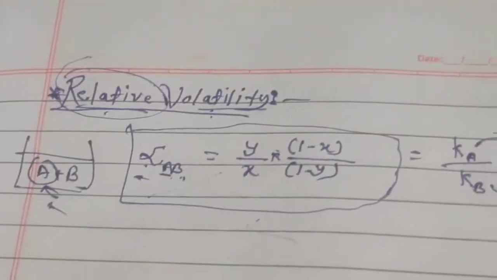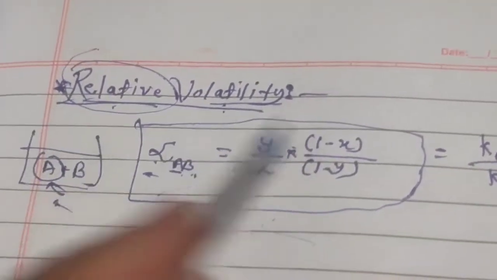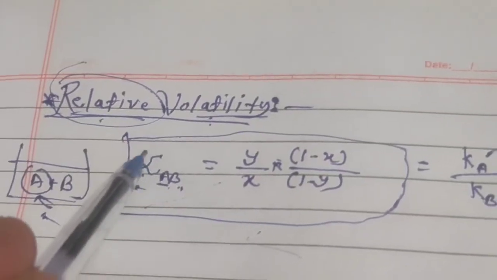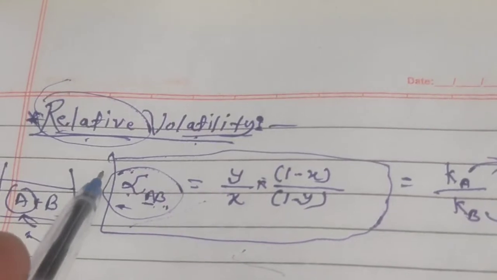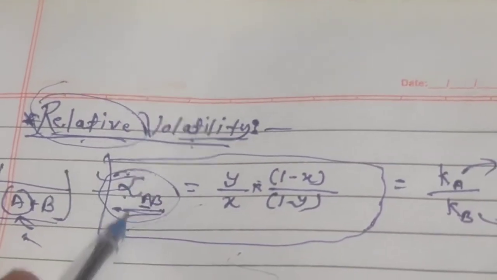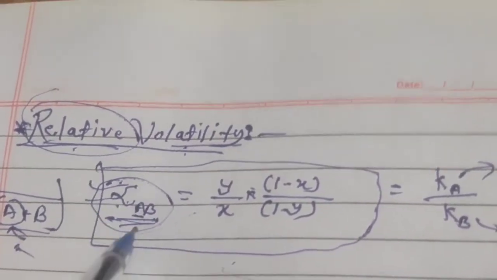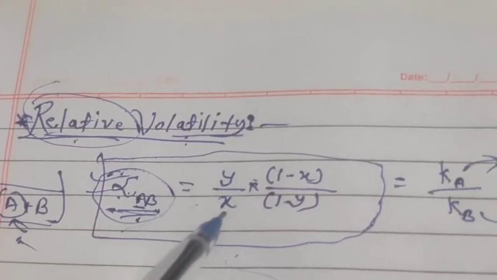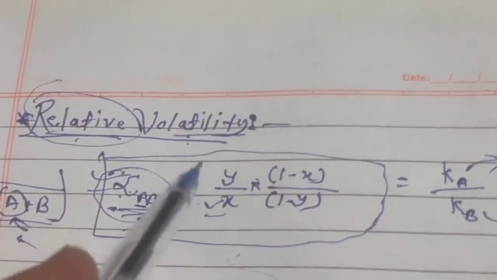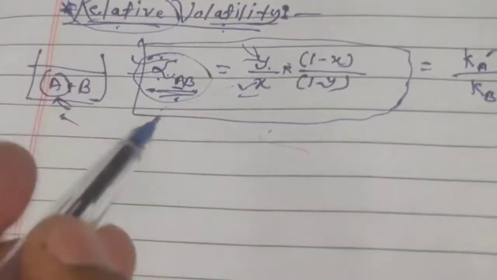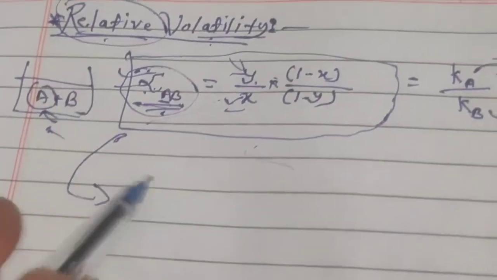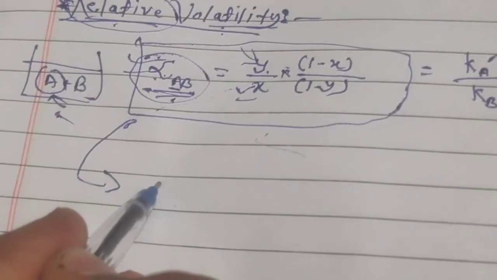What they can ask is this directly, or they can give you the value of the relative volatility, then give you x, and ask for the value of y. If you solve this, there is another formula we get from here, and it is very important, guys.